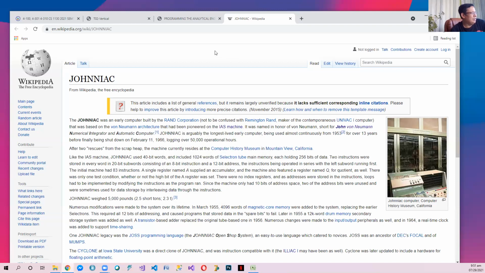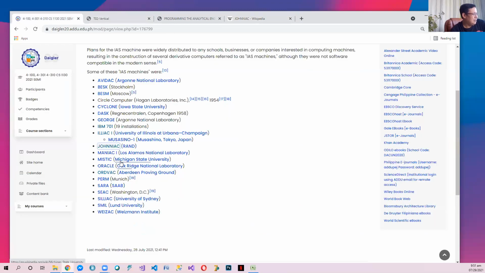It's the equivalent of ENIAC, but based on the stored program concept. Then there are many others. We will look at the other computers later. Now, particularly we look at the 701, which is one of the most commercially produced stored program computers. Do you follow?